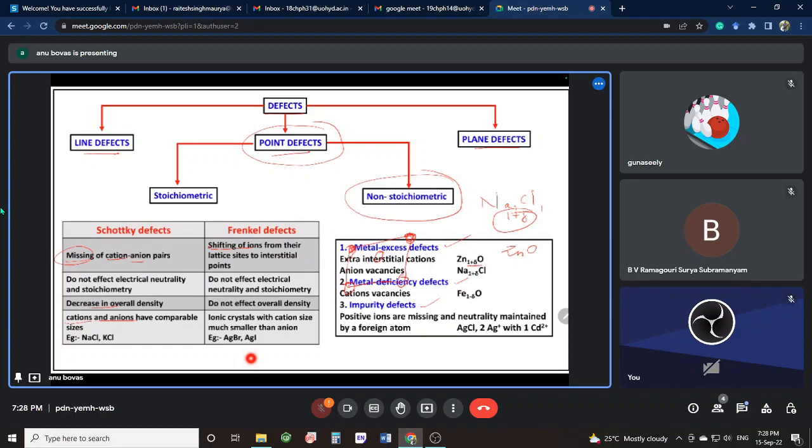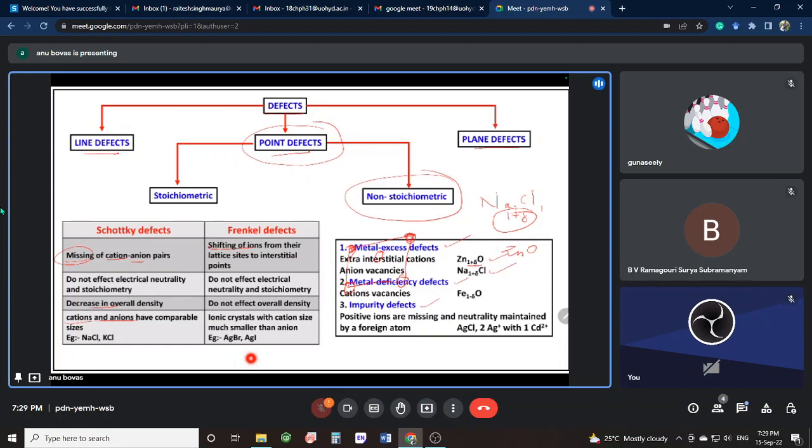So how can there be metal excess? Two possibilities are there. Either extra cations are present at the interstitial position, or anions are missing. So if anions are missing, the metal is in excess. The examples of both cases are extra interstitial cation for ZnO and anion vacancies for NaCl.